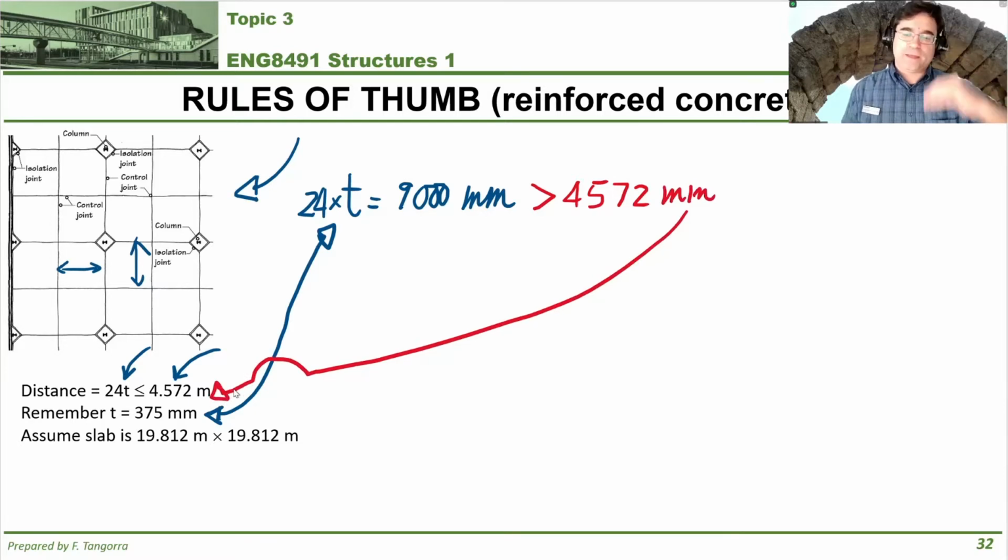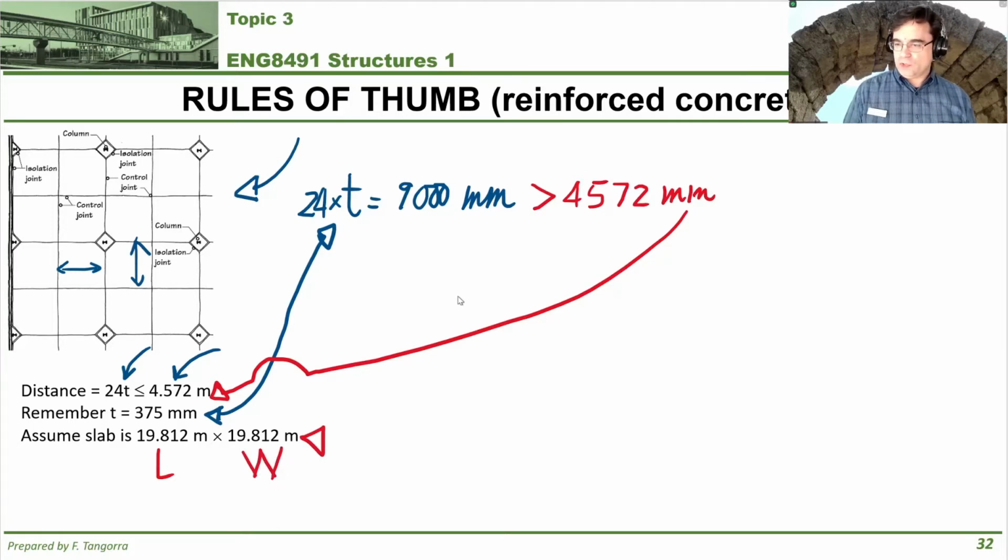So that means that upper limit, 4.572 meters, becomes the largest spacing that you can have. So what we would do then is take the total length and total width of the slab and figure out based on that how many spacings are allowed. So in this case, we're going to assume it's given to you that the length and the width of the slab are the same at 19.812 meters.